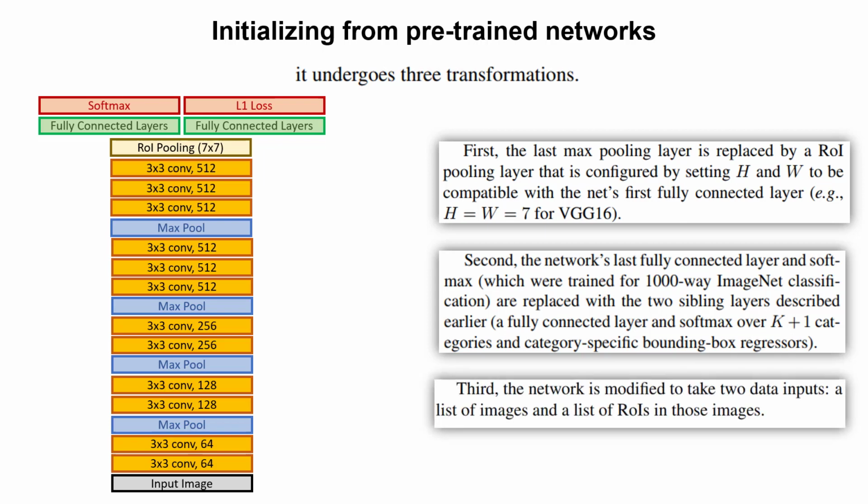The final modification is that we don't have only an image as input. Instead, we have an input image and a list of ground truth bounding boxes. This architecture we made now is what we already saw at the start of the video, but now it is more detailed.